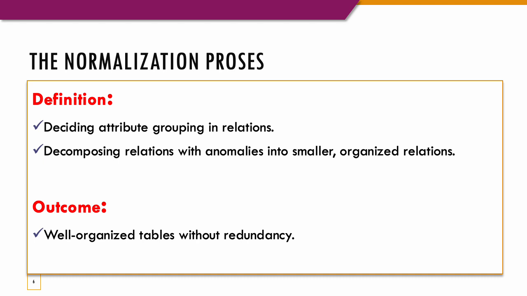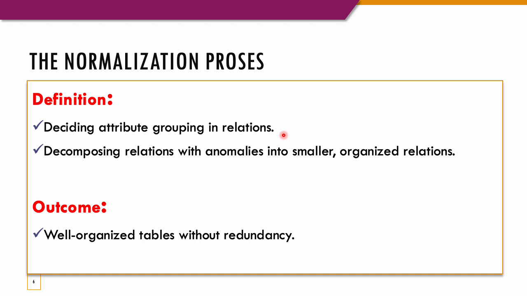So again, normalization is a process in database design with the goal of organizing data efficiently by structuring tables to reduce redundancy and prevent anomalies. So the definition of normalization includes deciding attribute grouping in relations.